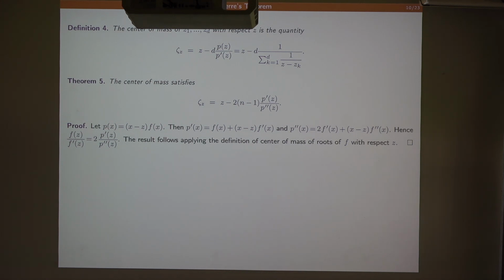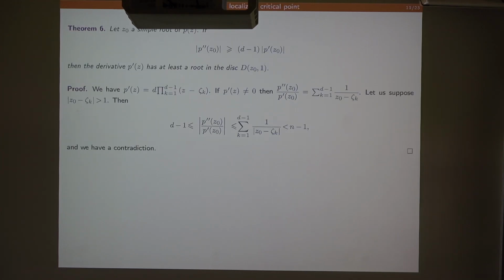And I prefer to use d for the degree, and n for the number of variables.